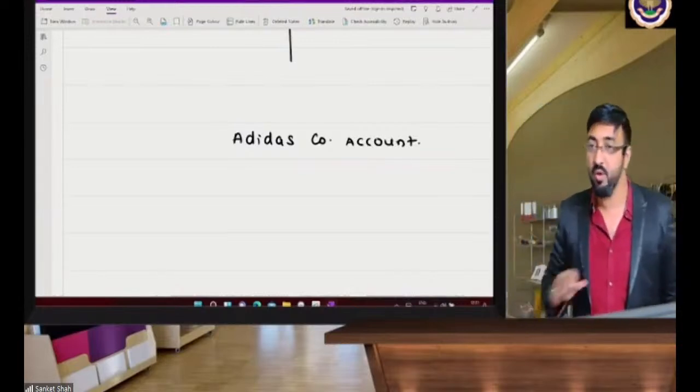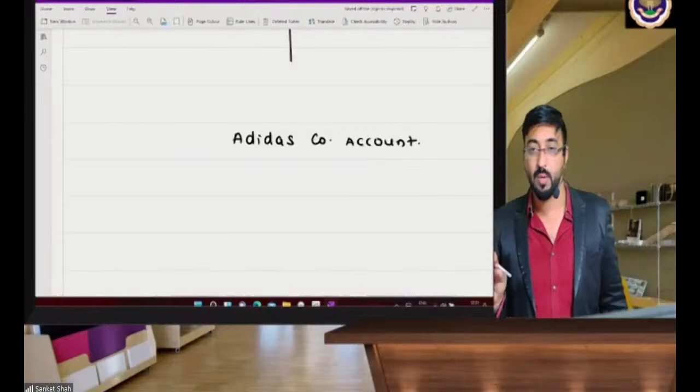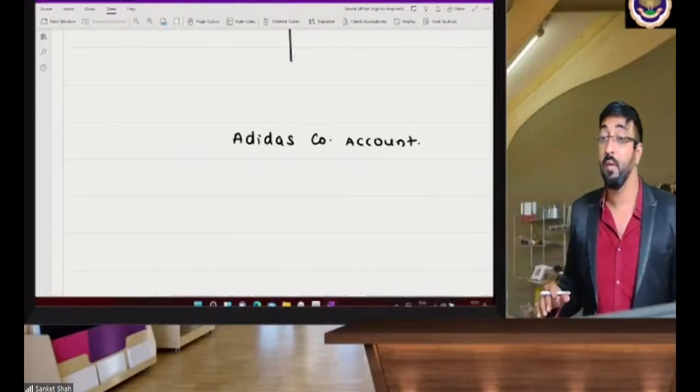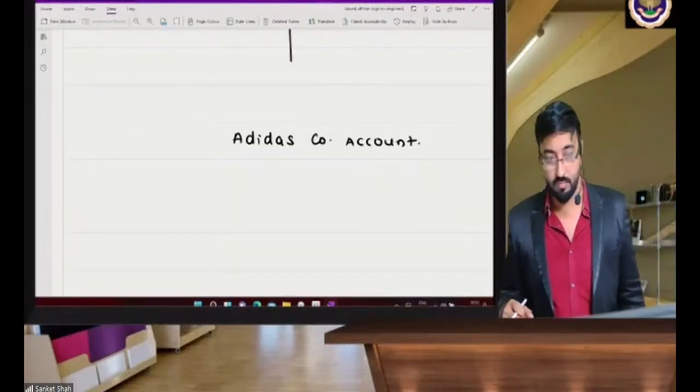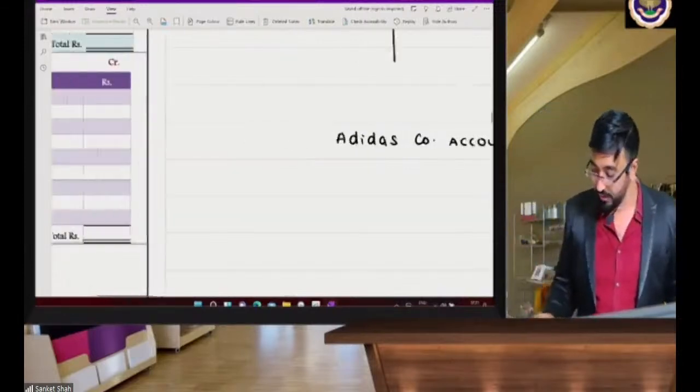So you will get everything in this question: invoice price, abnormal loss, and even stock on consignment also.